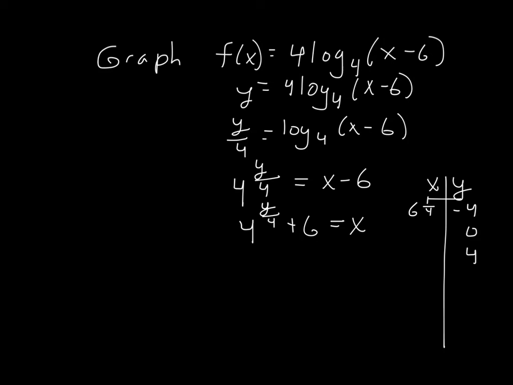If I put a 0 in here, I get 0 here. 0 over 4 is 0. 4 to the 0 is 1, because anything to the power of 0 is 1. Plus 6 is 7. And then this one here, if I put a 4 in here, 4 over 4 is 1. 4 to the 1 is 4. 4 plus 6, 10.